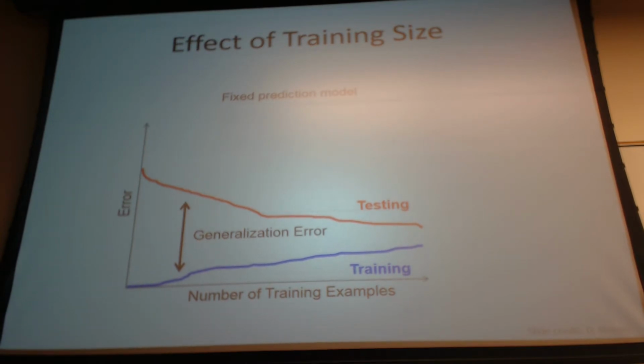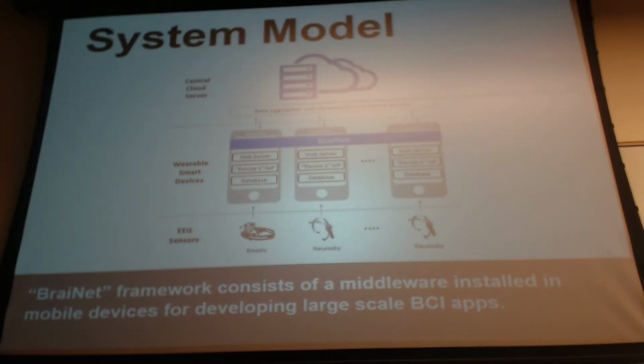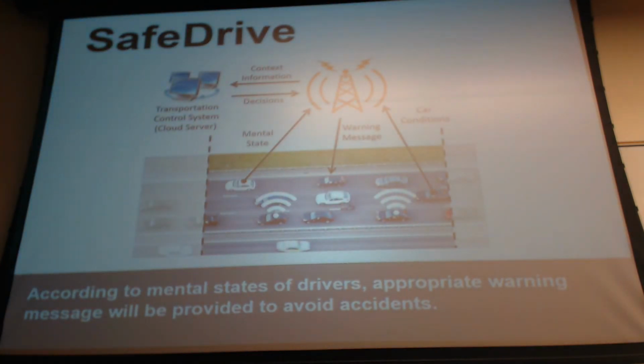Now let's look at some examples of cognitive computing applications. There are many applications where this kind of cognitive computing can be used. One such application is driving semi-autonomous cars.